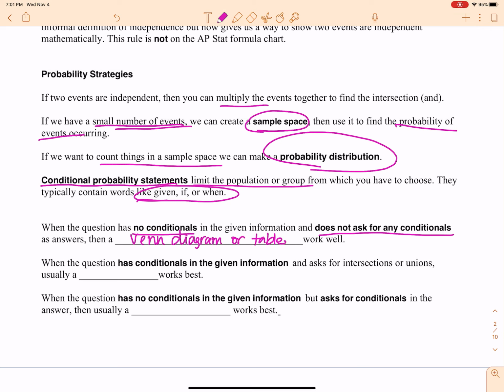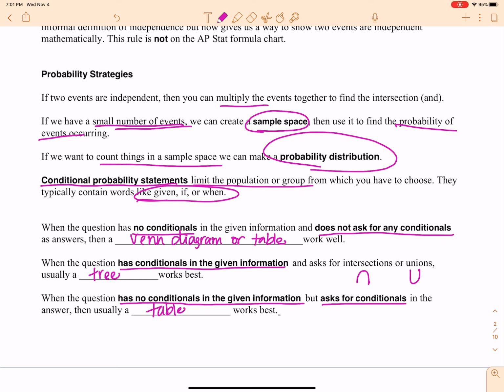When the question has conditionals in the given information and it asks for intersections or unions, remember those are ands or ors, when it asks for those, usually what works best is a tree, which I'm going to do some examples for you with trees in just a moment. When the question has no conditionals in the given information, but asks for conditionals in the answer, then almost always what works best is a table.